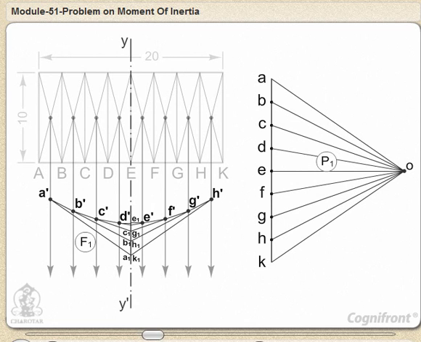Produce all the sides of the polygon to intersect the axis at points A1, B1, so on up to K1. Note that in this problem, points A1, B1, C1 and D1 coincide with points K1, H1, G1 and F1 respectively.